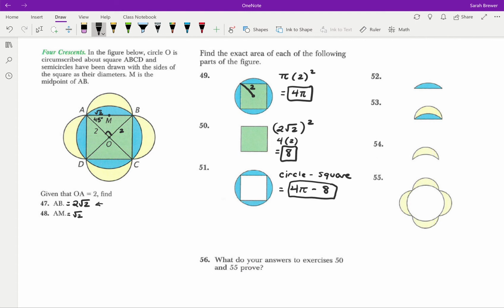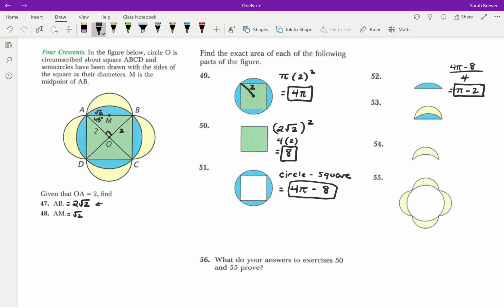All right, well, this shape is made up of 4 of these smaller shapes that we see in problem 52. And so to get a single one of those, I'm going to take 4 pi minus 8 and divide it by 4, which gives us pi minus 2.